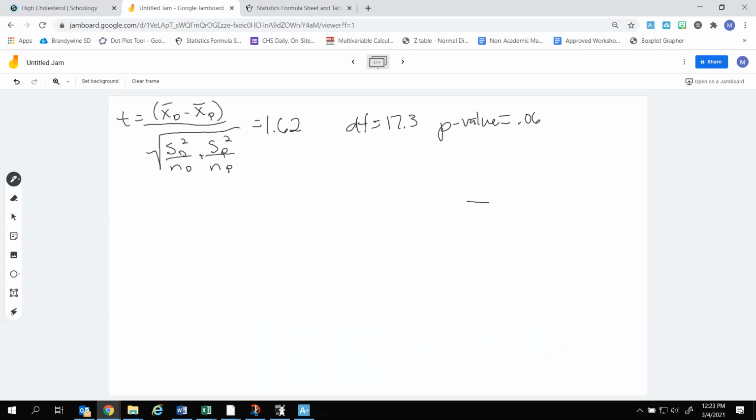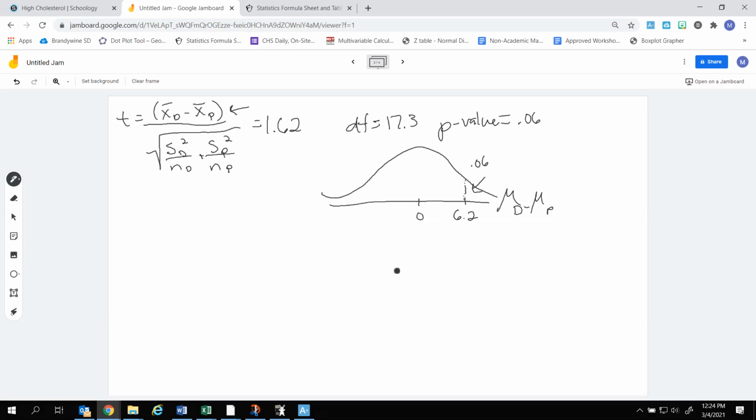So once again, here's what happens. Mean of the drug minus the mean of placebo. It is assumed that this difference right here is 0. When we subtracted the two averages away from each other, it came out to be 6.2. Now remember, what the p-value gives us is this tail size right here, 6%.